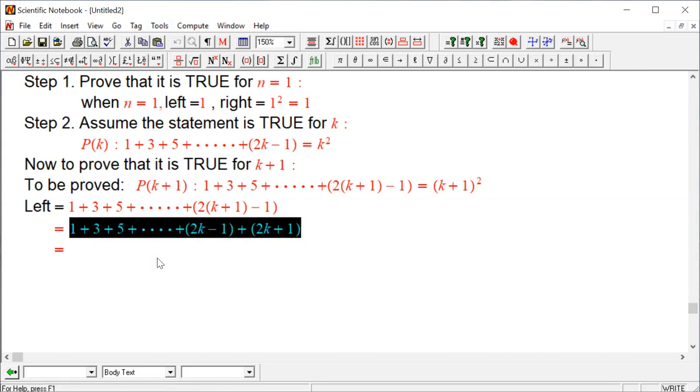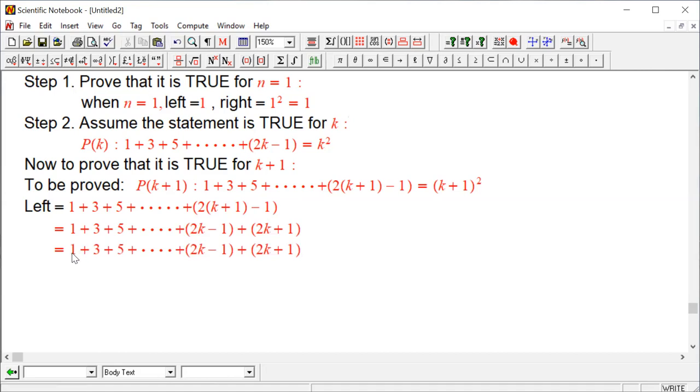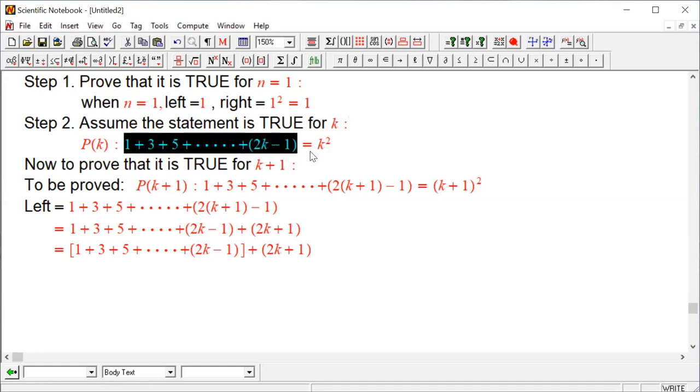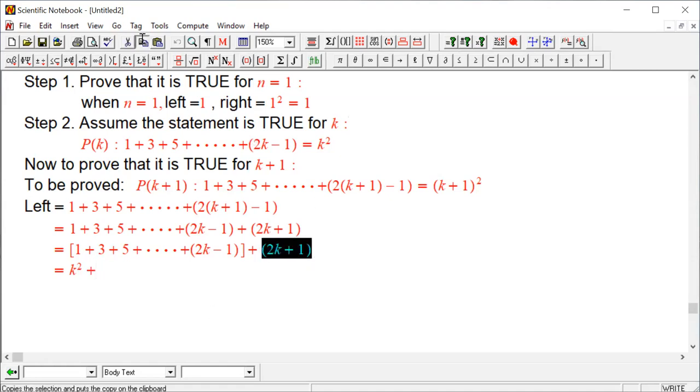So we're going to regroup these numbers, and these are the first k odd numbers. The first k odd numbers, according to our assumption, is k squared. Okay, so in the bracket, we get k squared. We apply the assumption, and then the additional 2k plus 1.